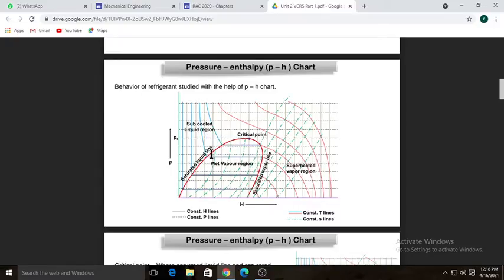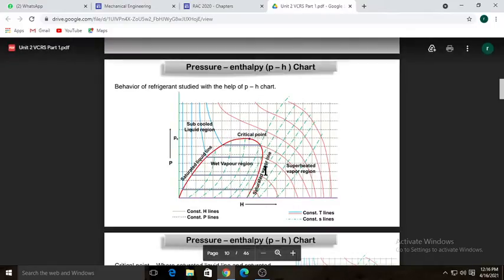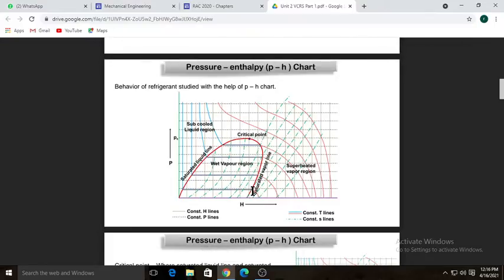If we cool the liquid below the saturation point, then this liquid is known as subcooled liquid. Similarly, if we heat the vapor above the saturated vapor point or saturation temperature, then the vapor becomes superheated vapor. Here you can see H is enthalpy.